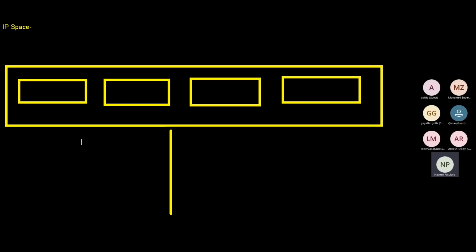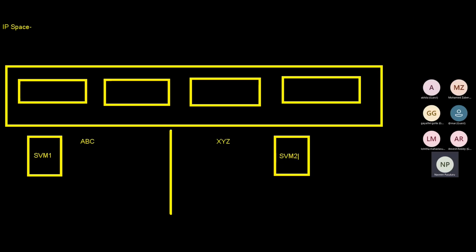For example, one client is ABC and another client is XYZ. These are the 2 clients utilizing my infrastructure to store their data. Let's assume I have used a different vServer for each client. I have created a vServer called SVM1 for my client ABC, and another SVM called SVM2 for my other client XYZ.